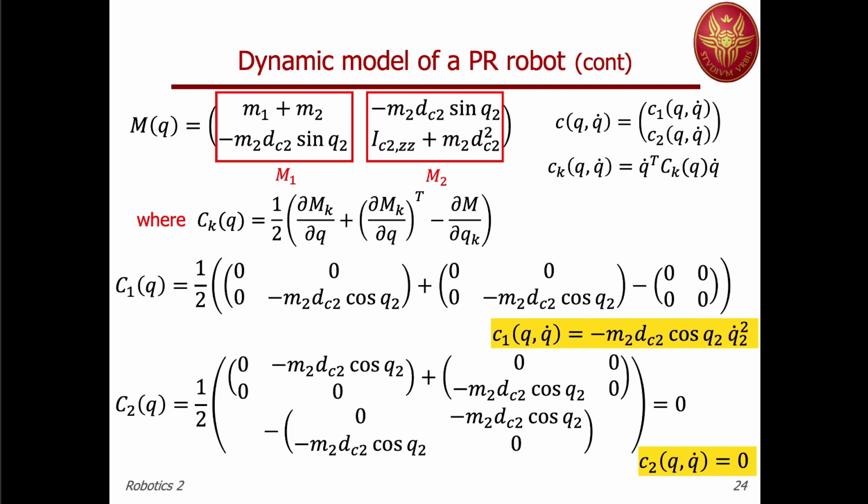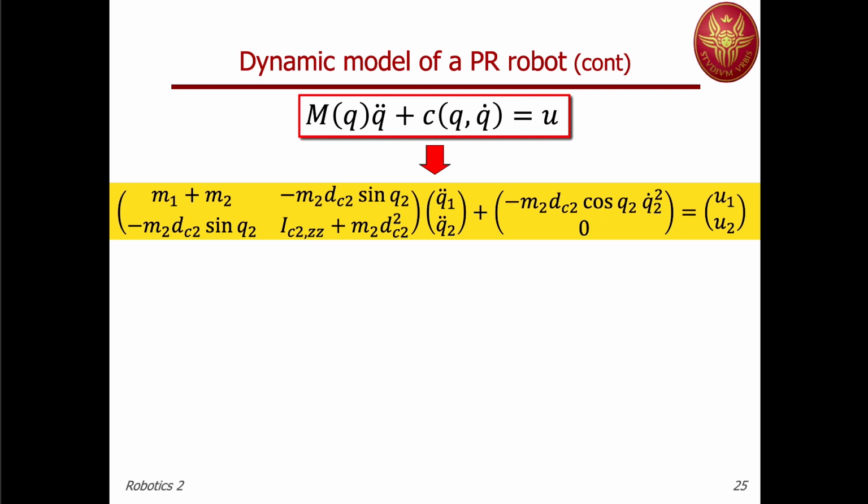So there will be no effect due to the velocities on the second link. There will be only a pure inertial effect due to the acceleration. Now let's put everything together, and we end up with the model in the general form, now specialized to this case.